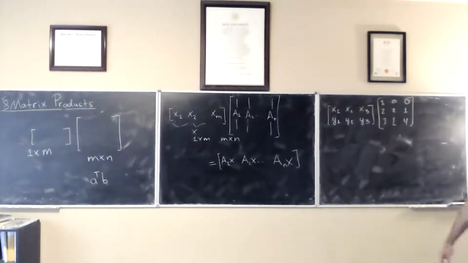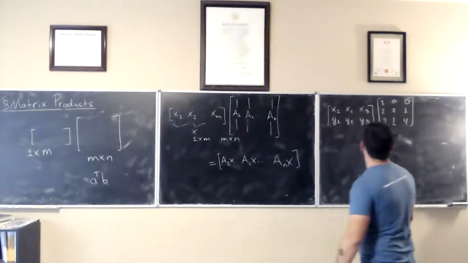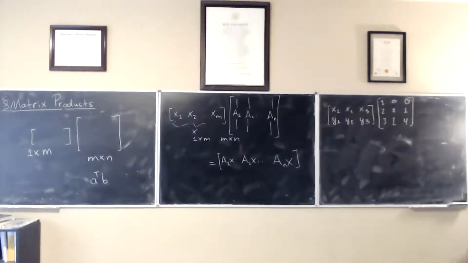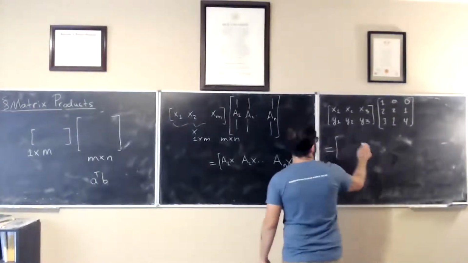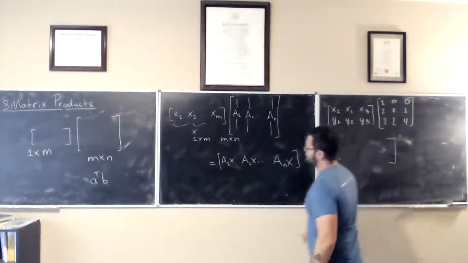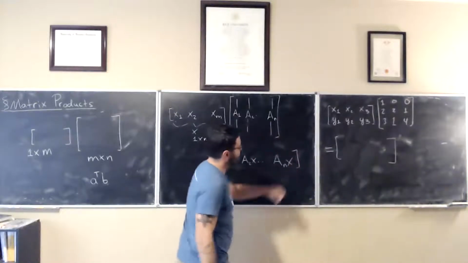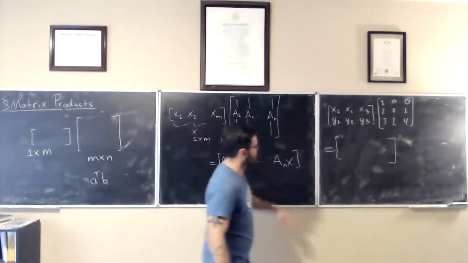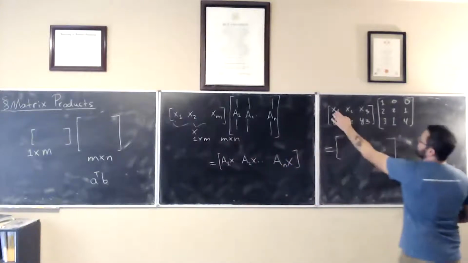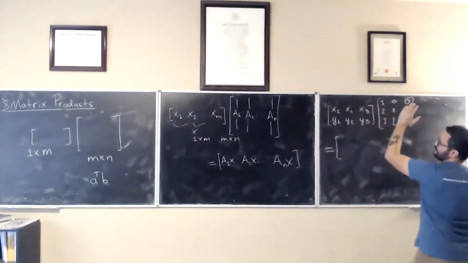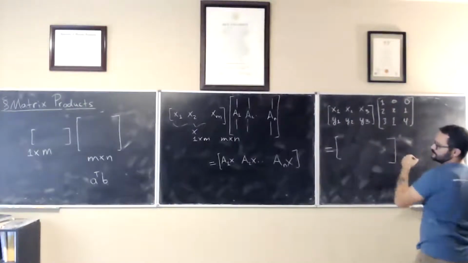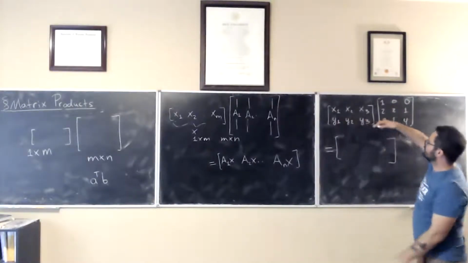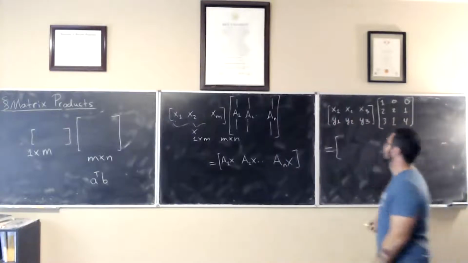And so this is defined, right? So a 2 by 3 times a 3 by 3. So the output now is not going to be a single row. It's going to be 2 rows. This row times this matrix is going to go right across here, and then this row times the matrix is going to go right here.